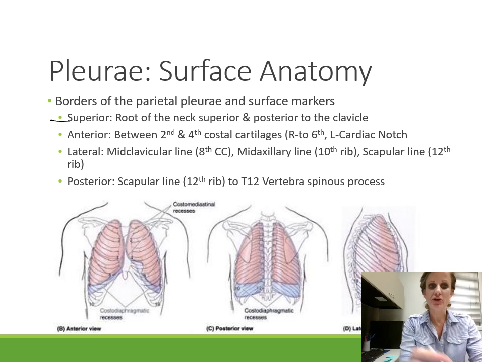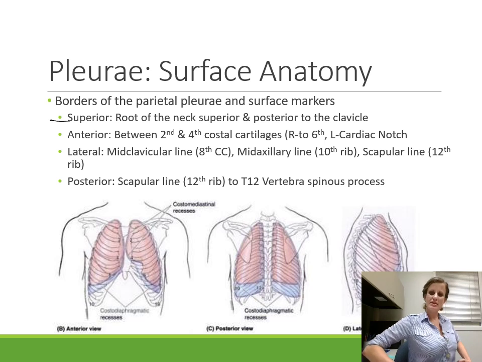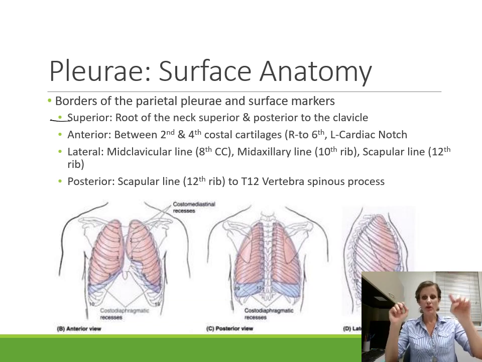We have anterior borders that show you the most anterior and medial regions of the lungs. We have the lateral borders that show us where the pleural cavity is as it stretches around towards the back, and then posterior borders. So marking each of these points, then drawing a line between all of the points shows you where the pleural cavities are.